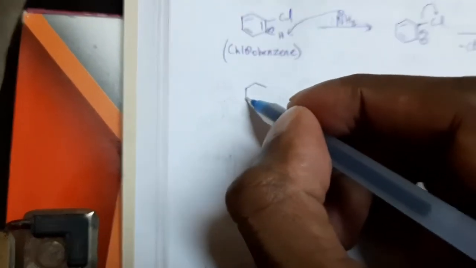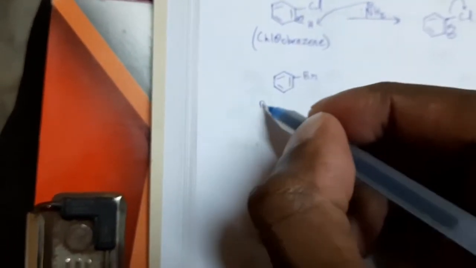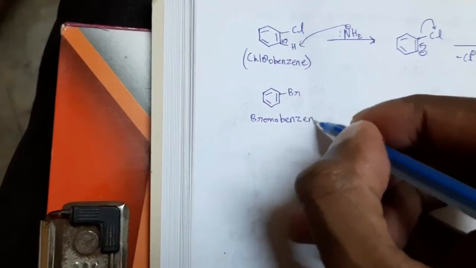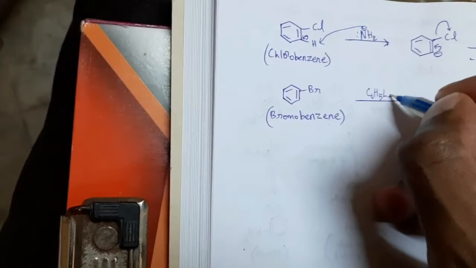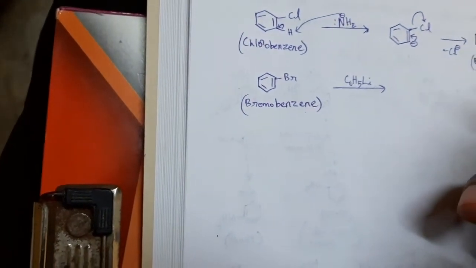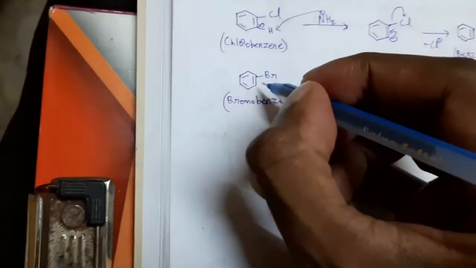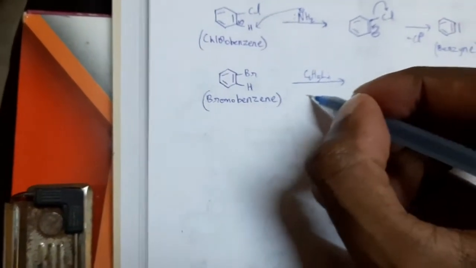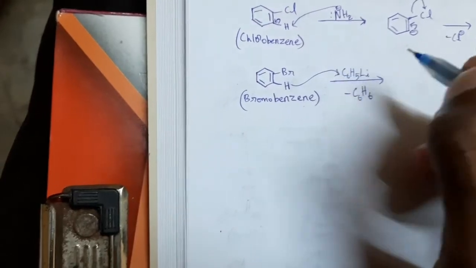Next, take bromobenzene. This is another aryl halide, bromobenzene. When this bromobenzene is treated with phenyl lithium, C6H5Li, then we can get, see here, this hydrogen is attached to this C6H5.